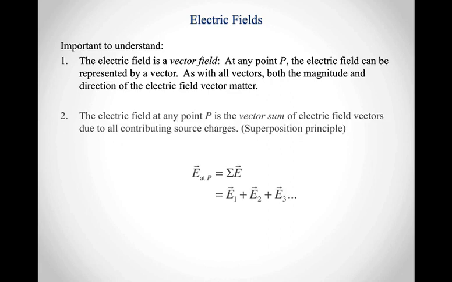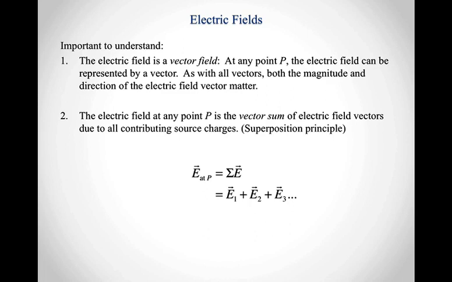The second really critical detail to understand is that figuring out the electric field at some point P in space when you have multiple charges is just the vector sum, adding up all the contributions to the electric field from each individual charge. This is known as the superposition principle.